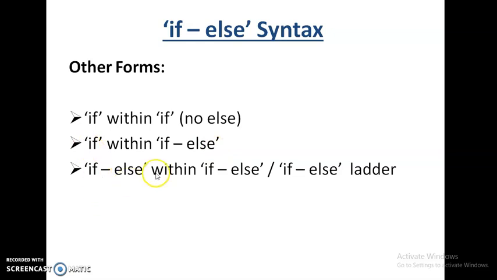The third form, which is most commonly used, is if else within if else, which is also called a ladder. That means in the else part of the first if, we write one more if else, and in that another if else. Within the else part of that, we can write one more if else, and so on. So it creates a ladder of if else.